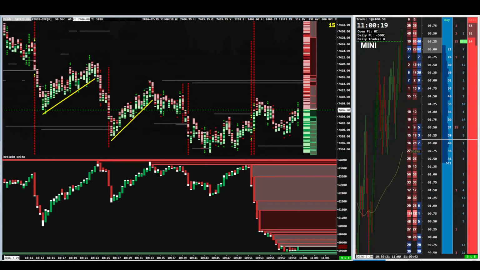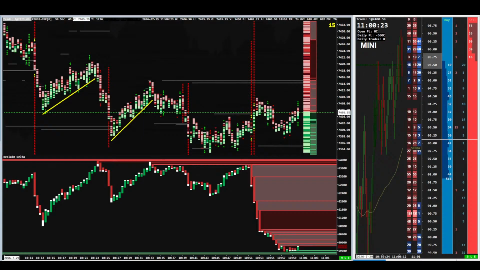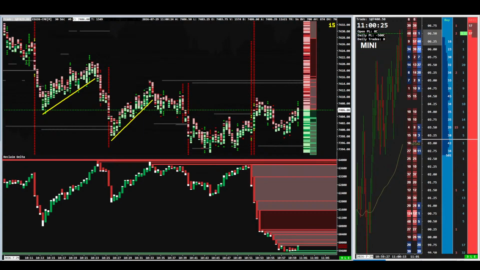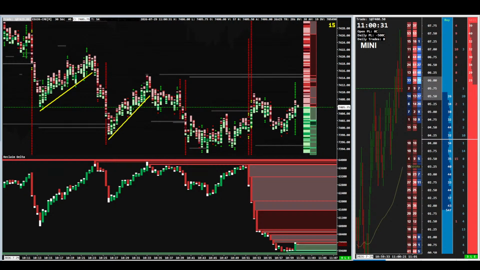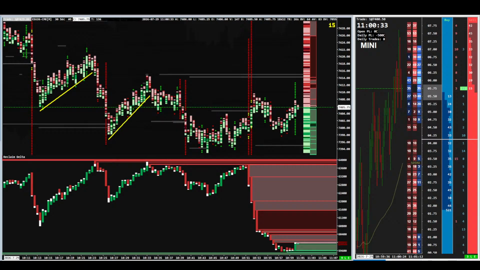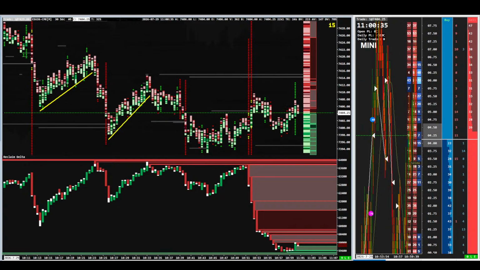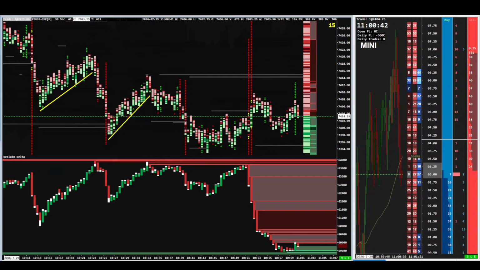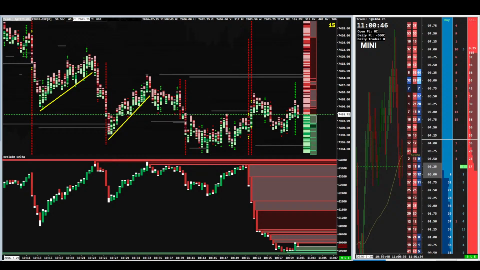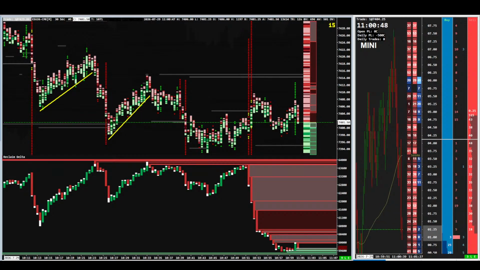They're getting through again. It's just hemorrhaging. Getting through. This is where they redefended it.